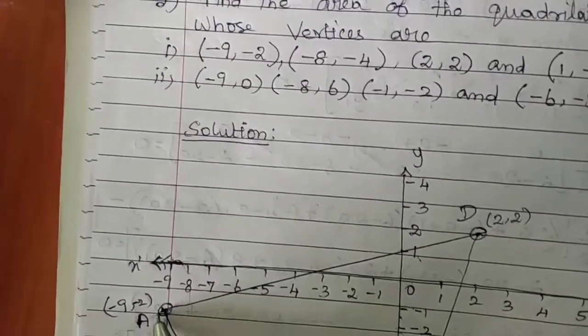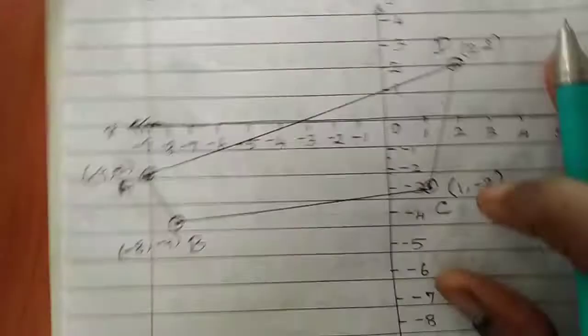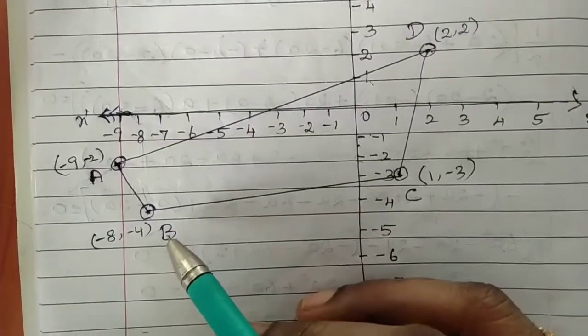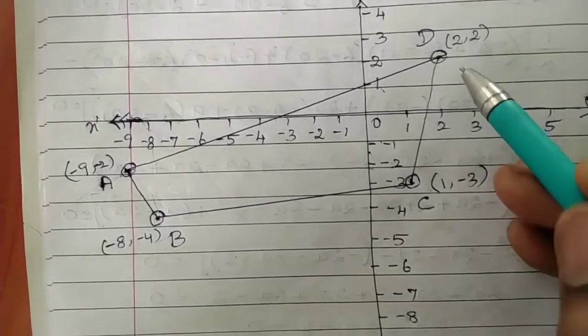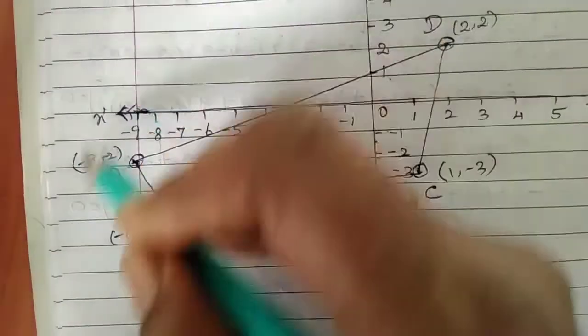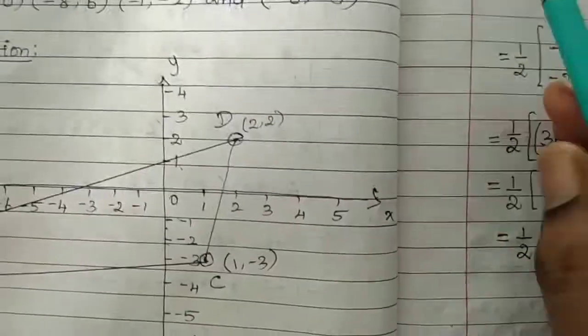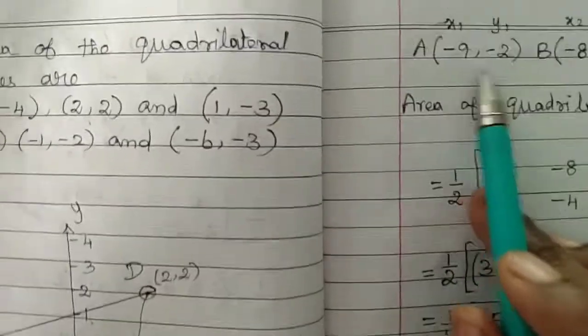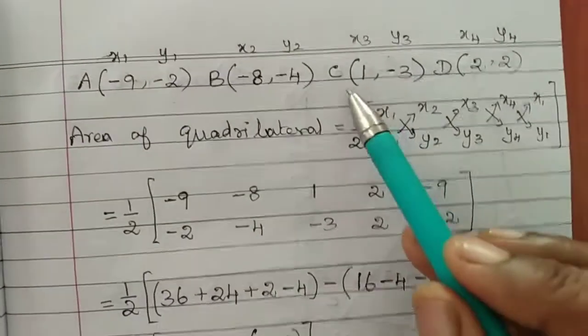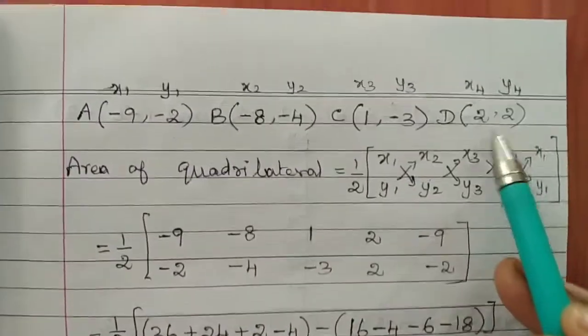First point, take A and mark the points B, C, D in the anti-clockwise direction. A minus 9 comma minus 2, B minus 8 comma minus 4, C 1 comma minus 3, D 2 comma 2.